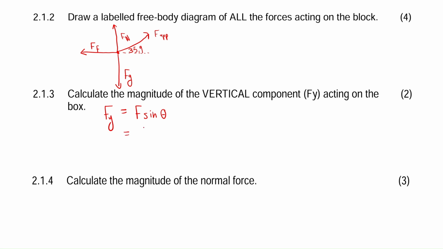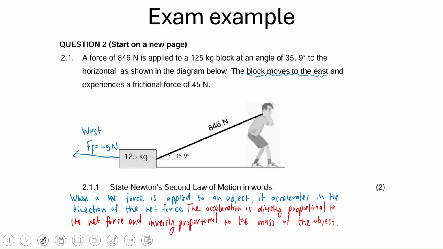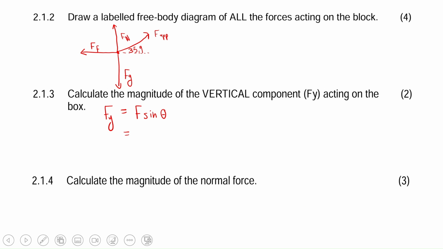Right? But what is the applied force? They gave it to us as 846 newtons. So we are going to say 846 newtons, right? Then we are going to multiply it by sine theta over there. But what is theta? Where do we find it? That is the angle at which the force occurs. So we know that the angle is 35.9.